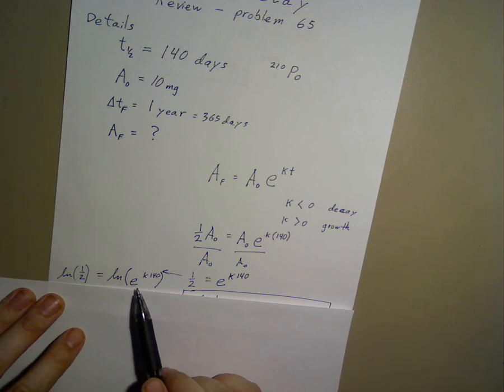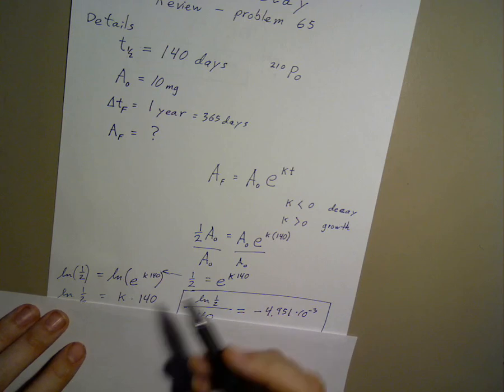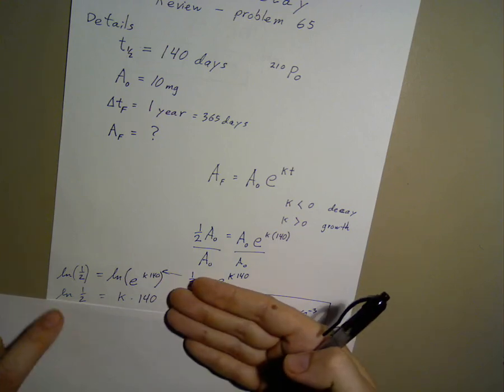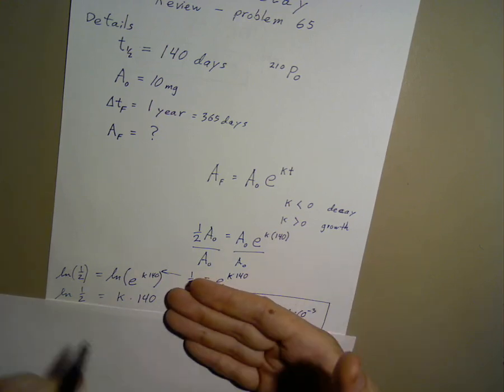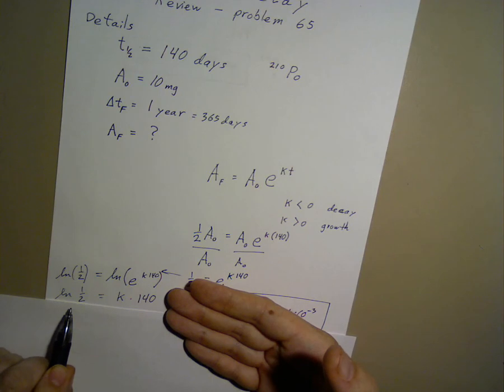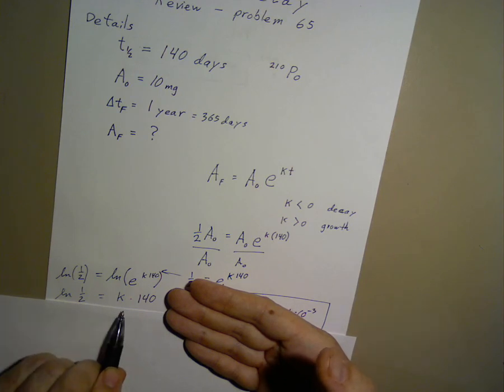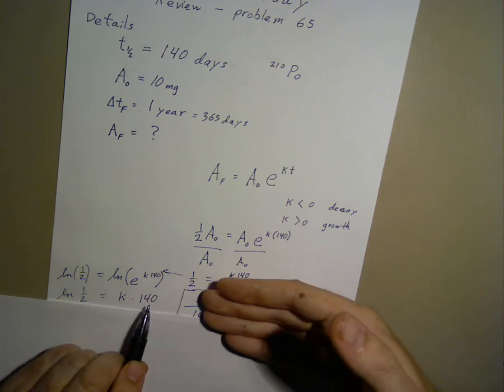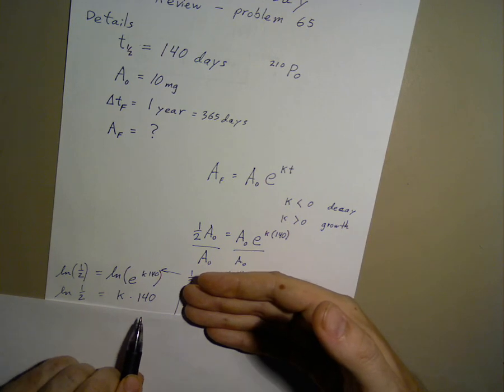That means each one undoes the other, meaning we are left with the natural logarithm of 1/2 equals k times 114.